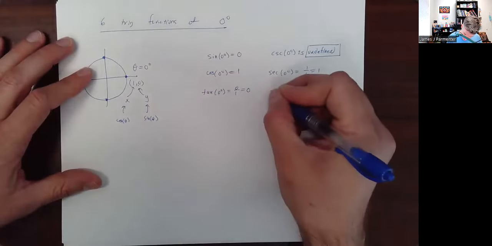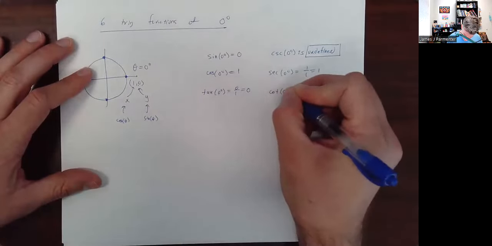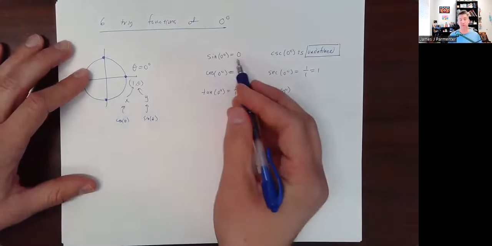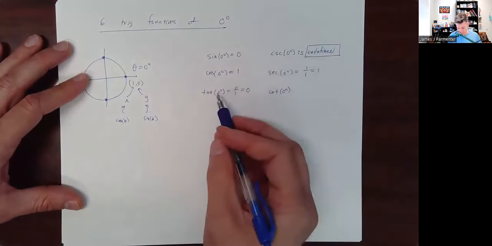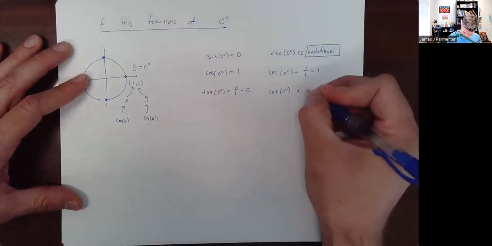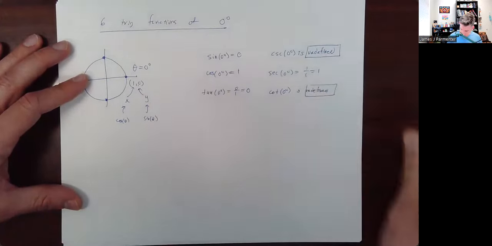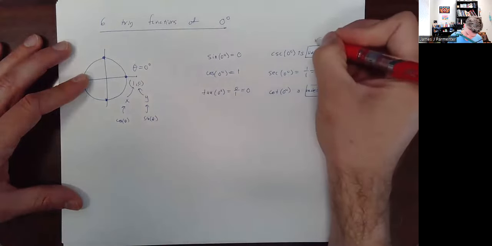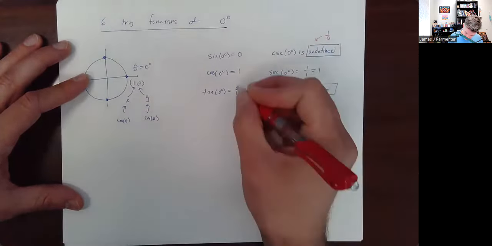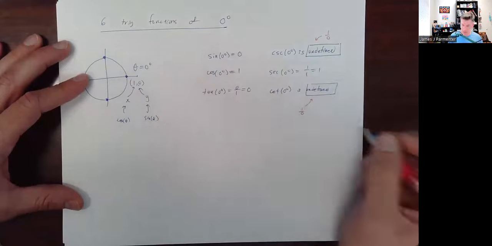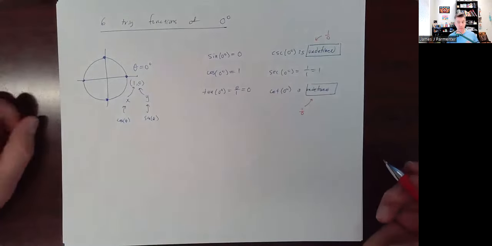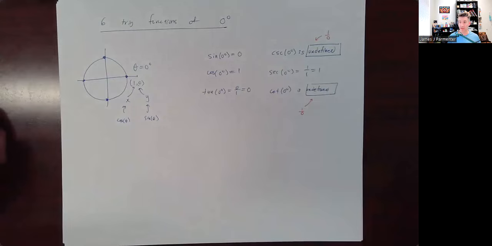And then finally, cotangent of 0 degrees. Well, just like the reciprocal of sine was undefined, the reciprocal of tangent is going to be undefined for the same sort of reason, because you're going to get division by 0. This would have been 1 divided by 0. This would have been the reciprocal of that, which is 1 divided by 0. So whenever you have 0 in the denominator, you're getting an undefined expression.